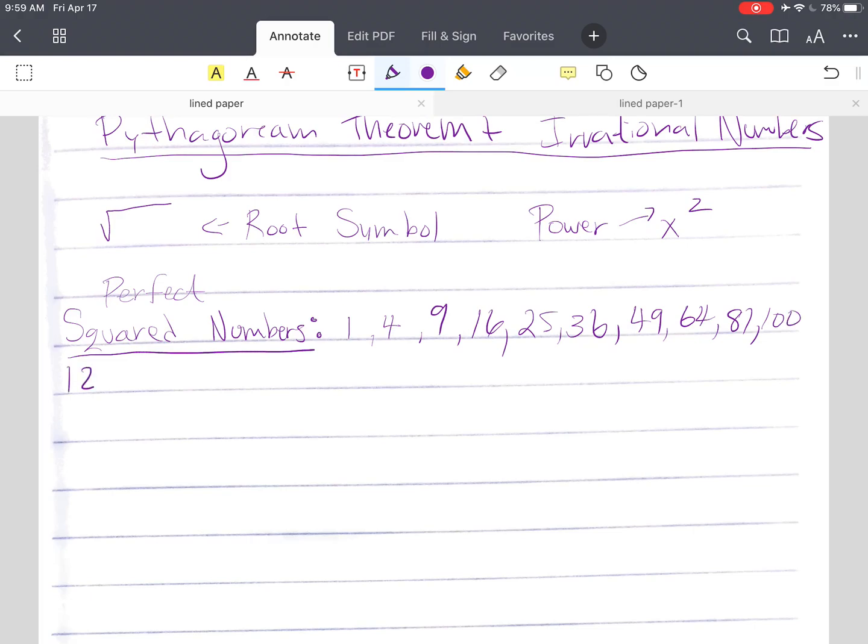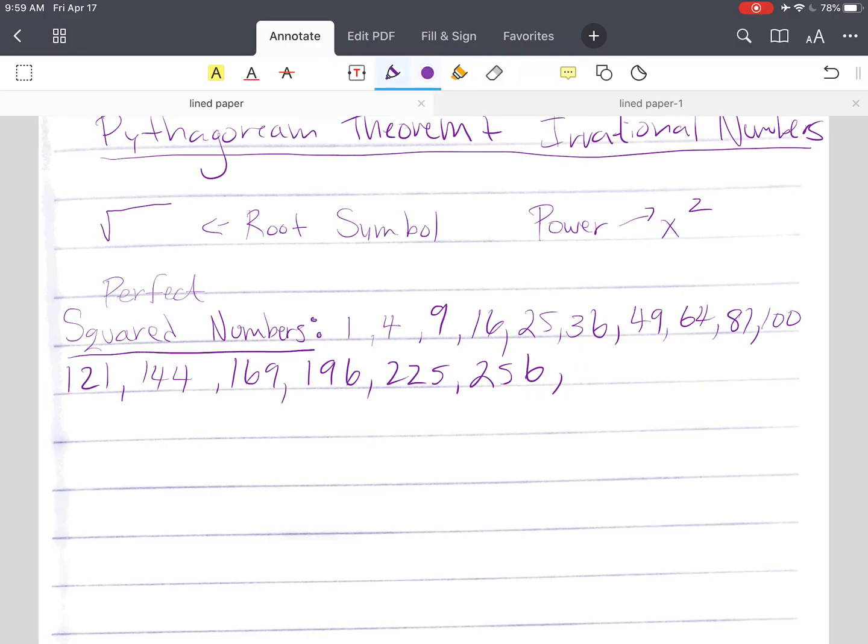I'm going to keep going because you need to be able to identify perfect squares. That's 12 squared. 13 times 13 is 169. 196. 225 is 15 times 15. Actually, I don't know. 17 times 17.